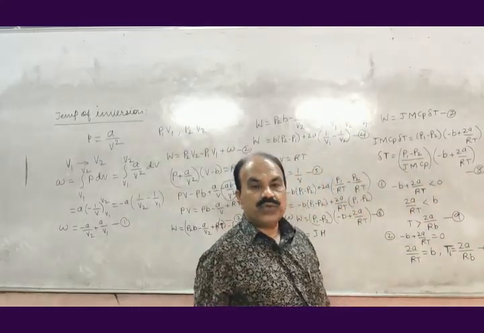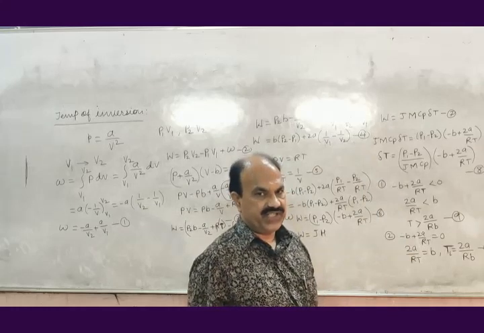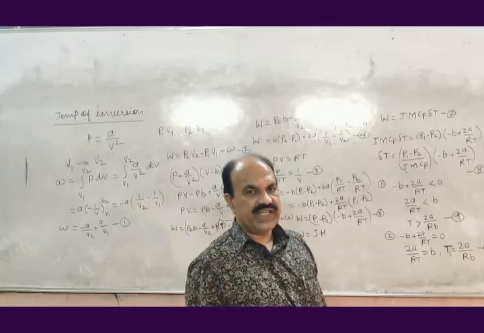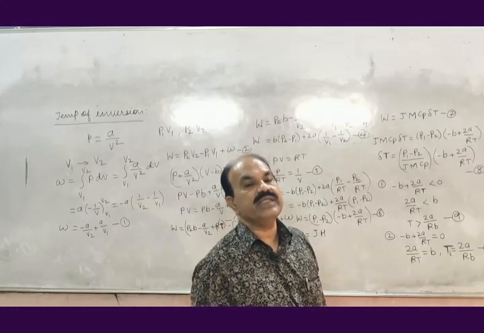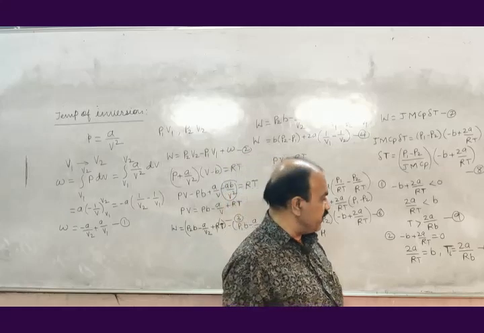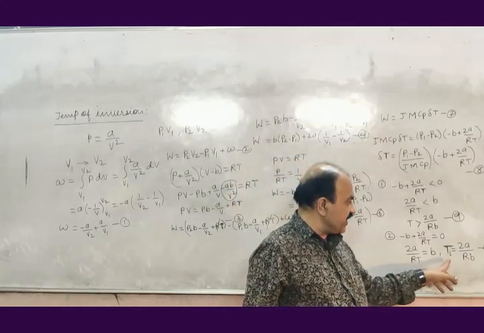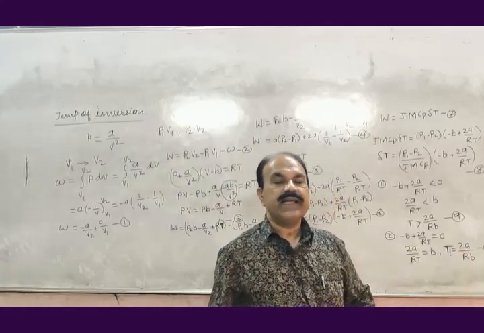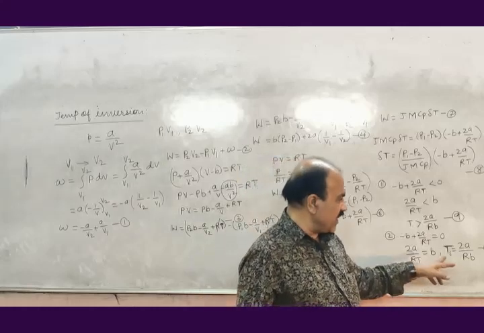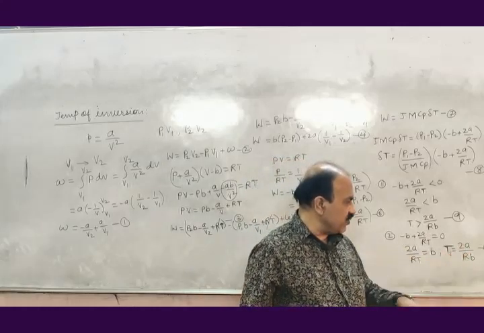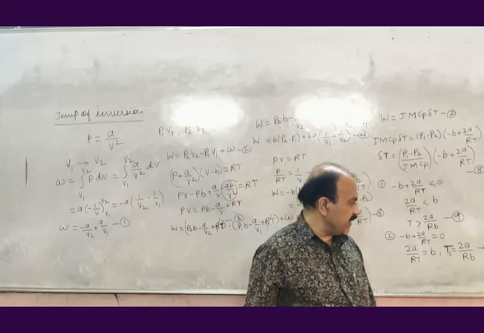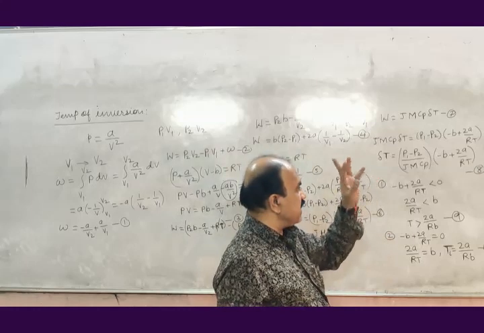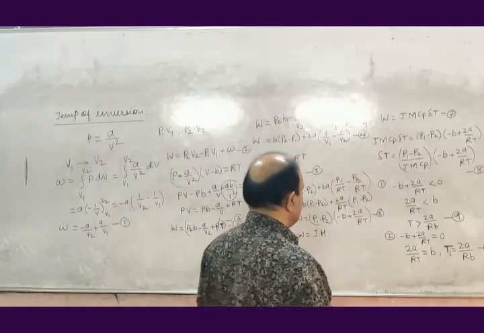Delta T will be 0, there will be no change in the expansion of the gas from V1 to V2 if temperature T is 2A by RB, and we know this temperature as the temperature of inversion, and therefore I can write Ti is equal to 2A by RB. If Ti is equal to 2A by RB, delta T will be 0.